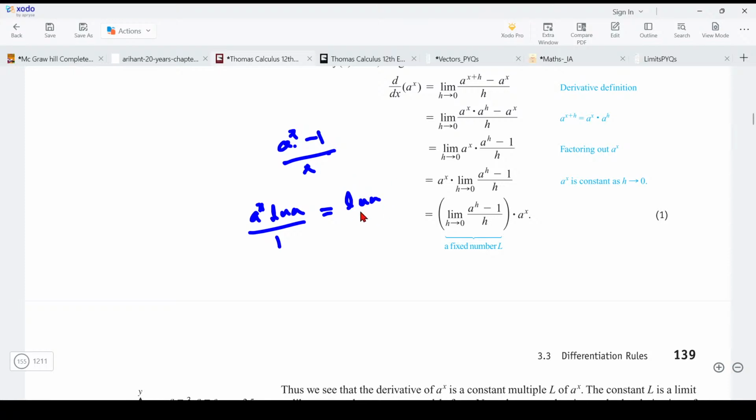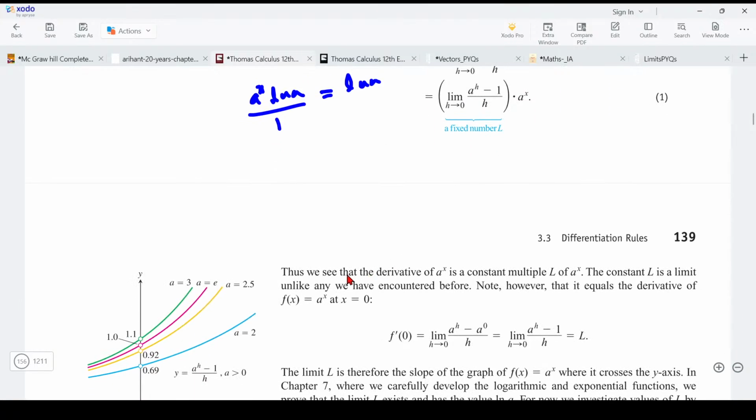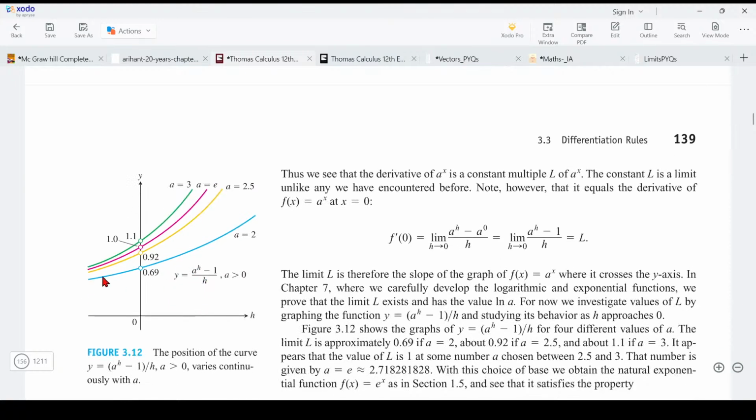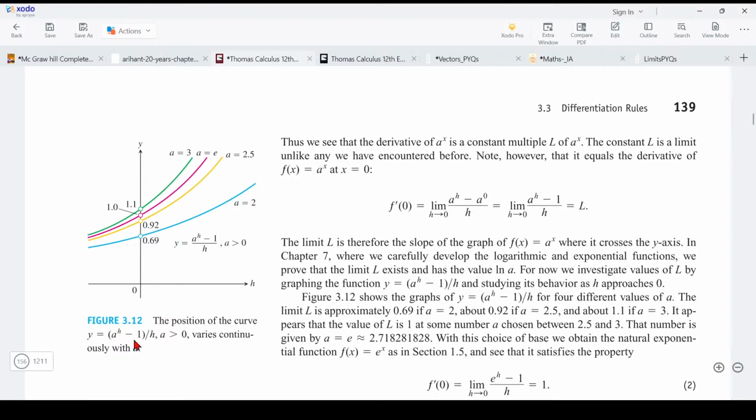We are talking about ln a. Instead of a, if you put e, we will get ln e, which is nothing but 1, right? Log of e to the base e is 1. So e power x is one special function among all these a power x's. This is a power h minus 1 by h, which he is drawing.